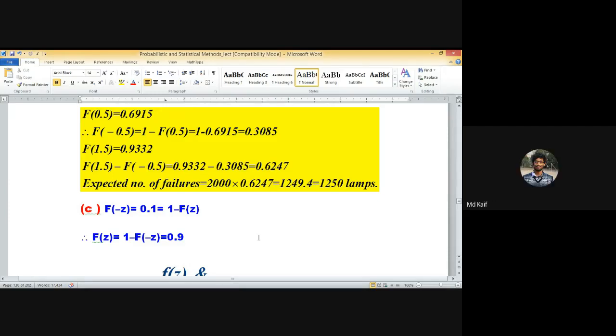Sir, why am I taking F of minus Z, tell me once more. Small f of z is symmetric about z equal to 0. If that is the case, for z equal to 0, what will be that value?